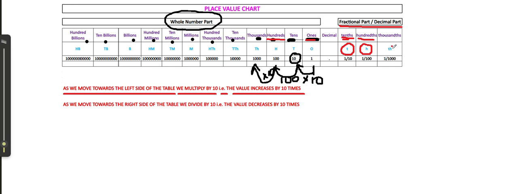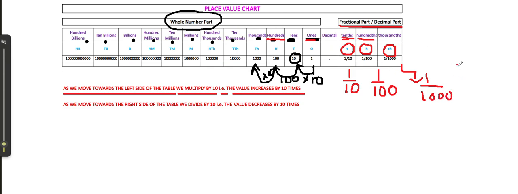For the thousandths place, it is written with a small th. Now I come to the numerical part of the tenths, hundredths, and thousandths. Tenths says it is 1 over 10. The hundredths part, just because it is the fractional part, is 1 over 100. For the thousandths, that's going to be 1 over 1000.